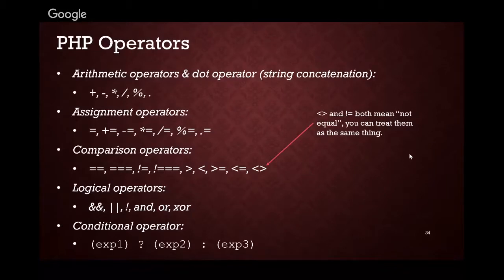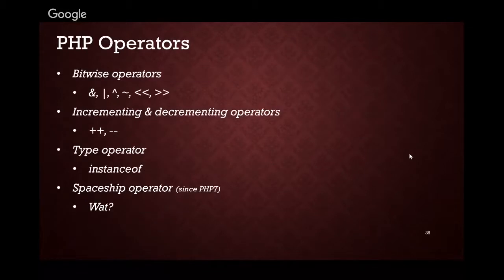But there is something that may interest you. They have an interesting type of operator called the spaceship operator. So this one will be still the same, but what is the spaceship operator?